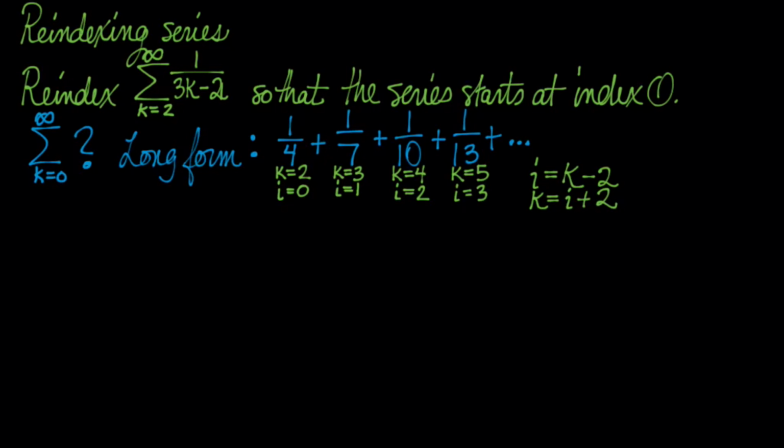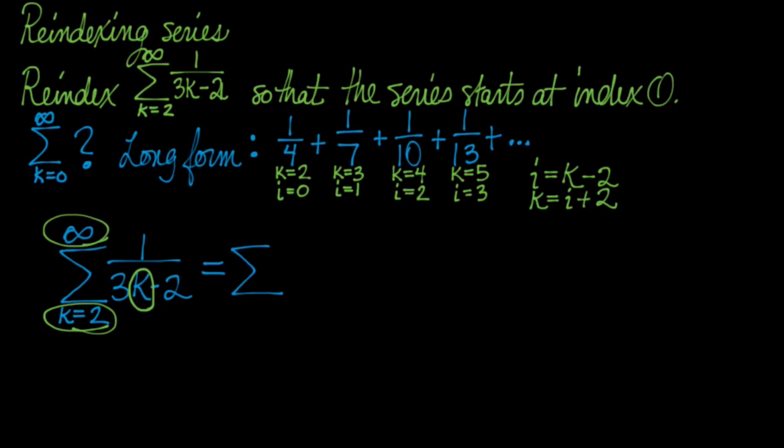It goes either way. Now that you've got all this information, here's what you're going to do. Here's my original series, and we're going to change out this thing and the k. We're going to substitute all three of those things. And so the k equals 2 becomes i equals 0, because when k is 2, i is 0.